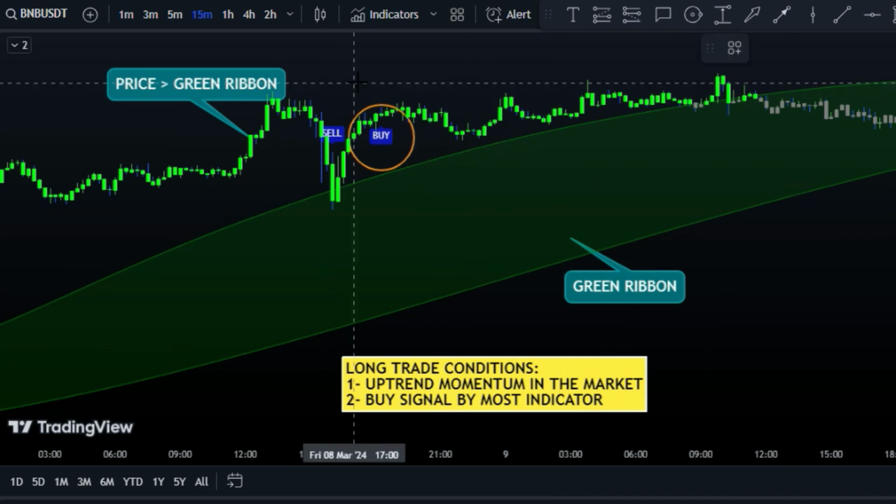So once both criteria are met, an uptrend is established and a buy signal is received from the MOST indicator, it is time to execute a buy trade.